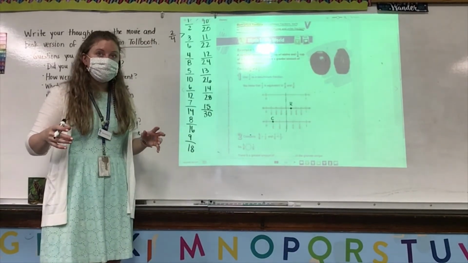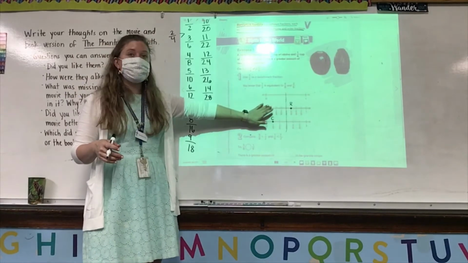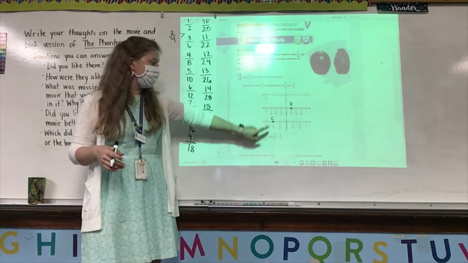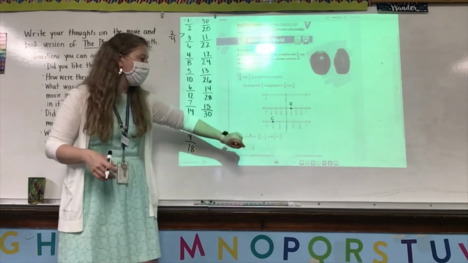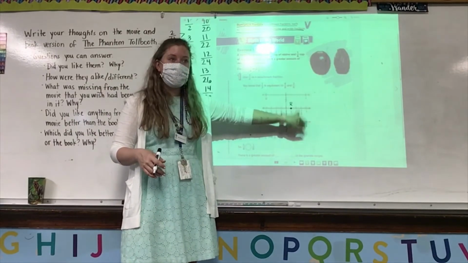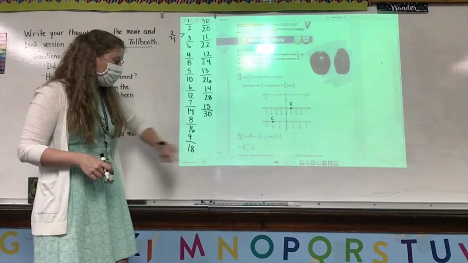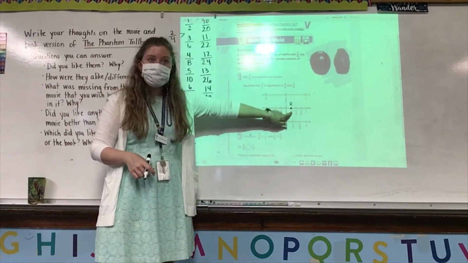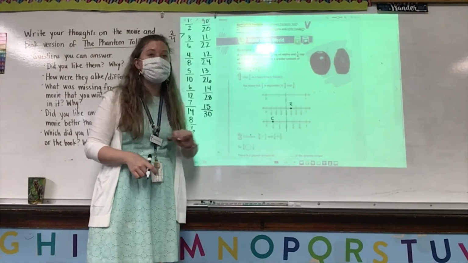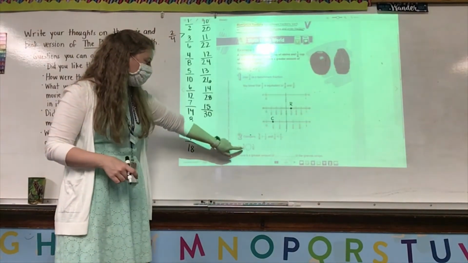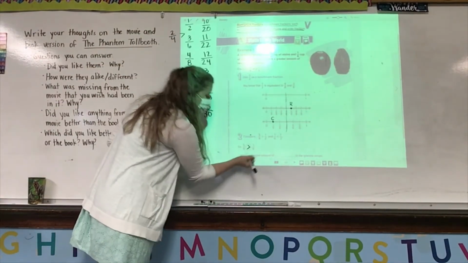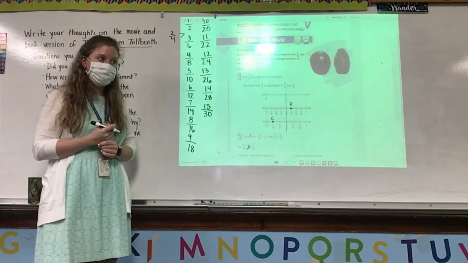Lena told us the fractions to the left of the halfway point are less. The fractions to the right of the halfway mark are greater. So, since 5/8 is on the right and 1/6 is on the left, 5/8 is greater than 1/6.